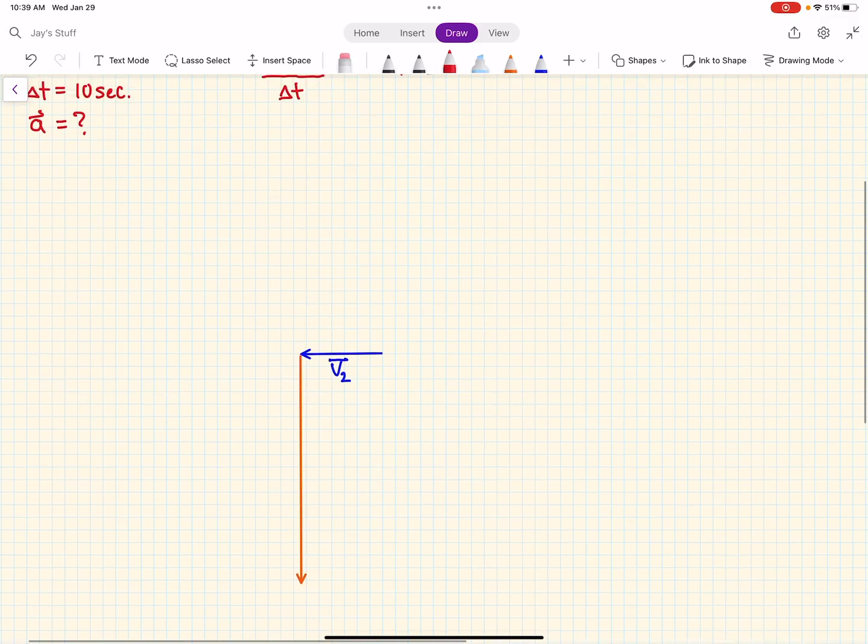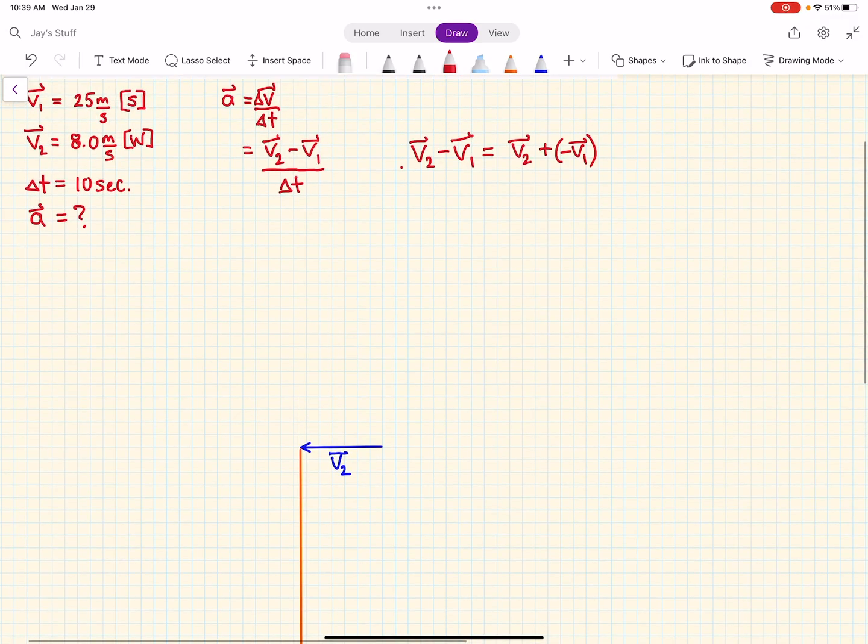All we have to do is flip V1 to be negative V1. And all that means is just draw it in the opposite direction. So instead of going down south, it's north. So negative V1 is simply the same vector, but pointing up.